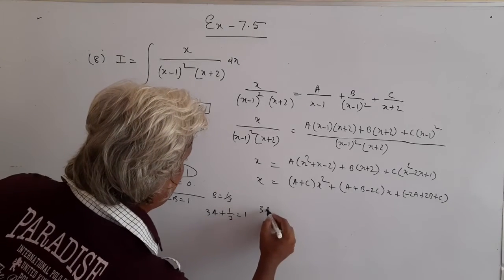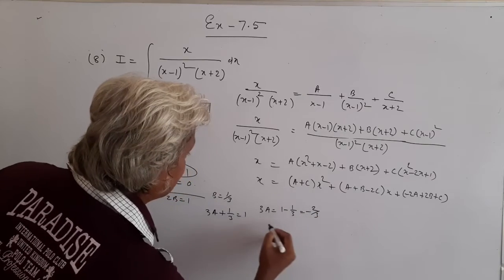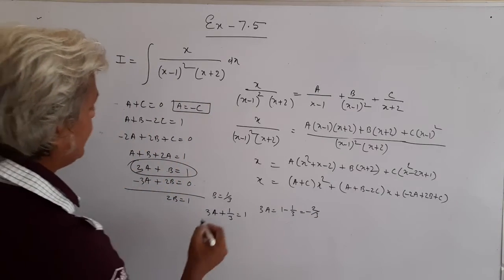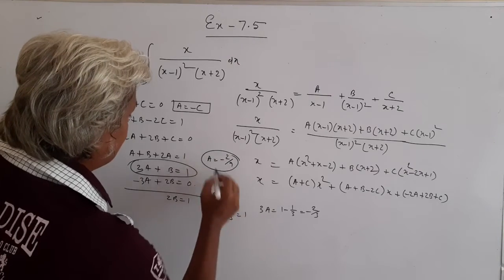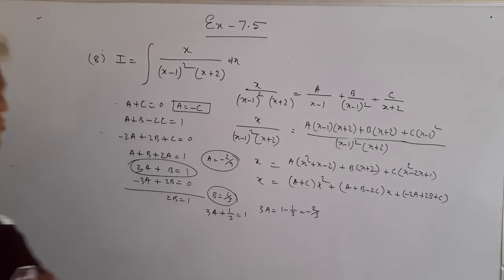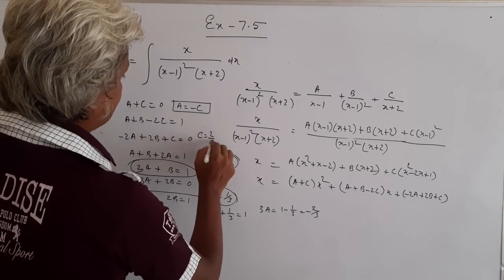So 3a is 1 minus 1 by 3, that is 2 by 3. So a is minus 2 by 9. b is 1 by 3. And c is just negative of a, so c is 2 by 9.